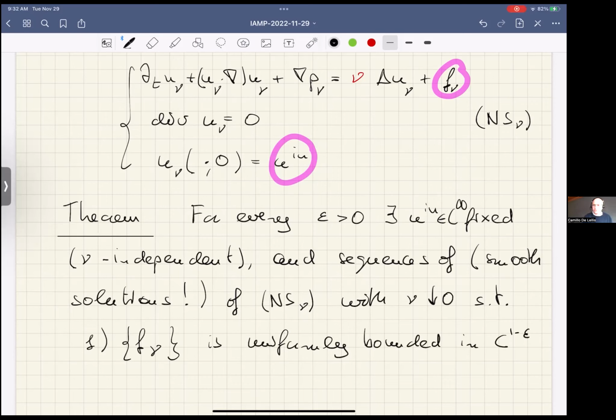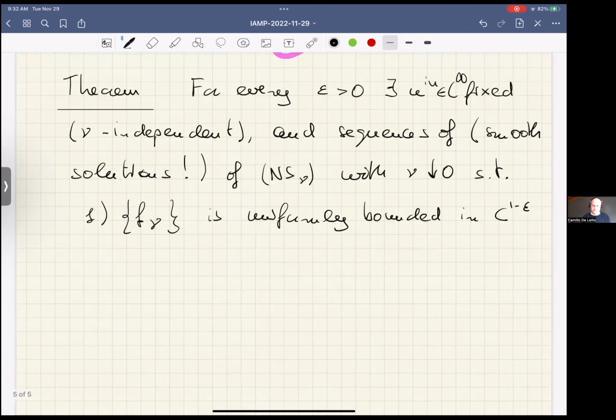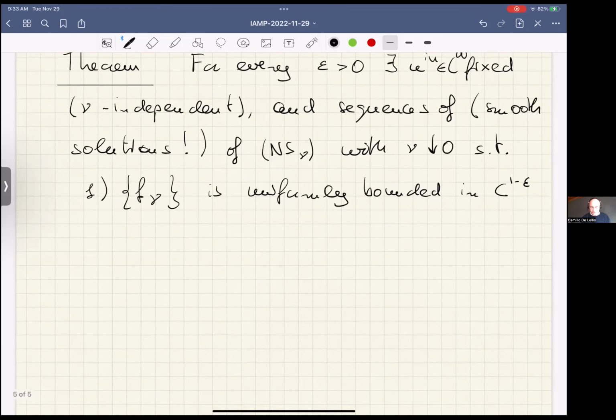Okay, so remember I told you that C1 is actually the threshold for well-posedness in the limit. I'm just a little bit below the threshold, so I'm just Hölder regular, but by a tiny bit less than what I would need to have well-posedness at least locally in time for the limiting Euler equation.